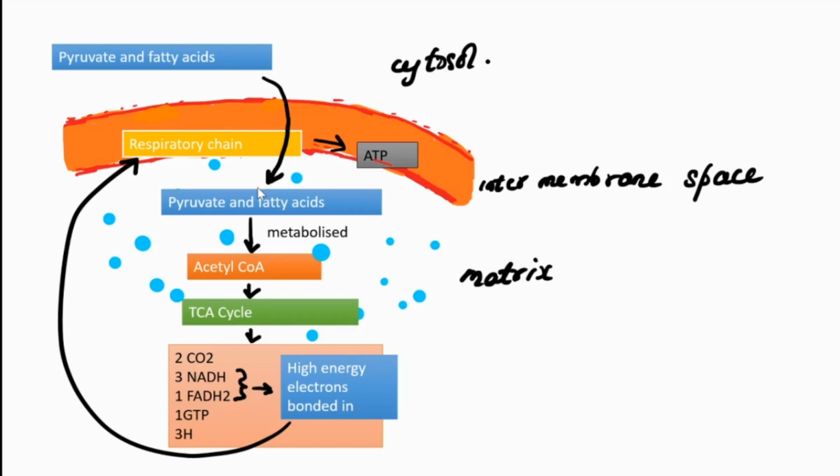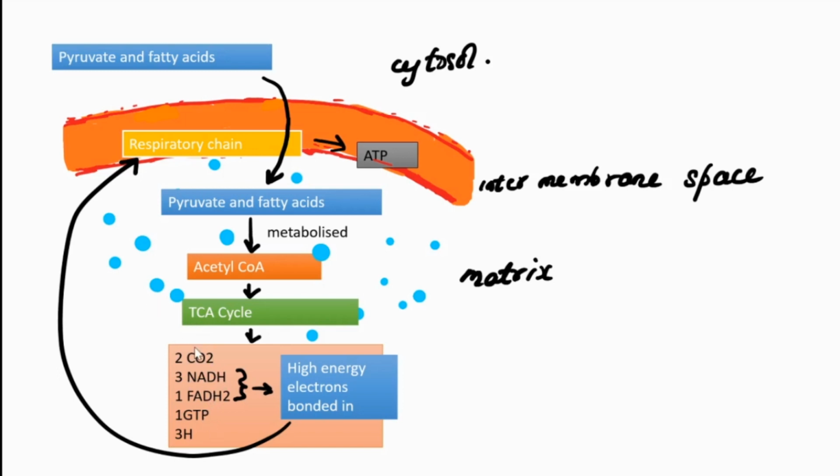That pyruvate and fatty acid are transported towards the inner side and again metabolized and converted to a 2-carbon compound called acetyl-CoA. This acetyl-CoA can then enter the TCA cycle, which actually happens inside the mitochondria itself. And as a result of the TCA cycle, these products are formed inside the mitochondrial matrix.